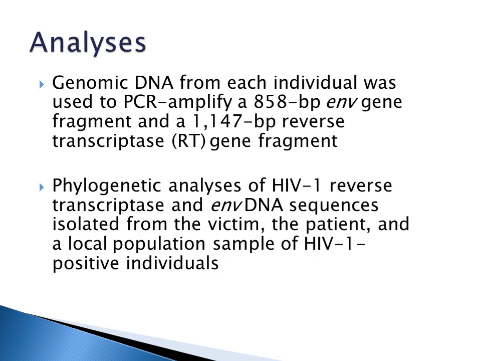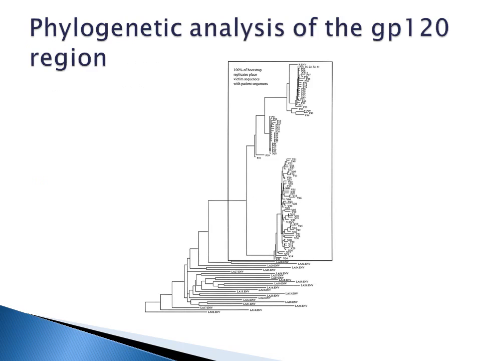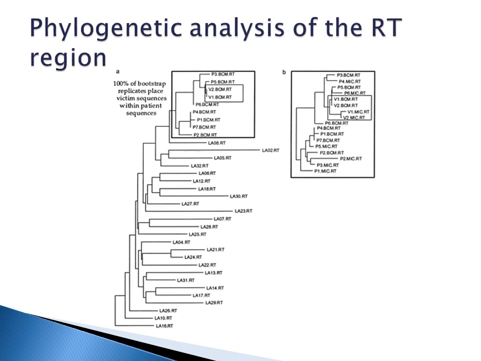Phylogenetic analyses of the HIV-1 reverse transcriptase and envelope DNA sequences were performed on those isolated from the victim, the patient, and a local population sample of HIV-1 positive individuals. So here's the phylogenetic analysis of the GP120 region of the HIV specimens. Here's the reverse transcriptase region.